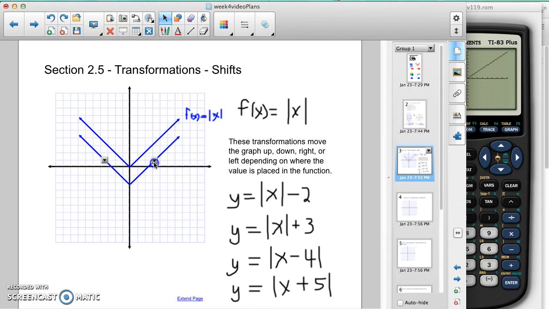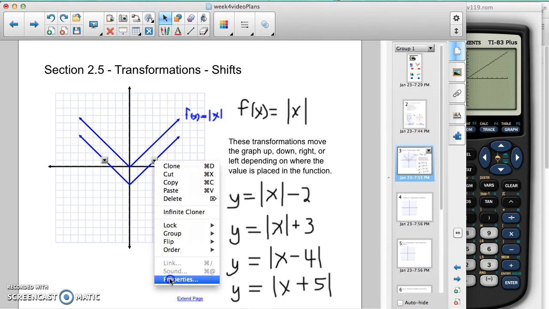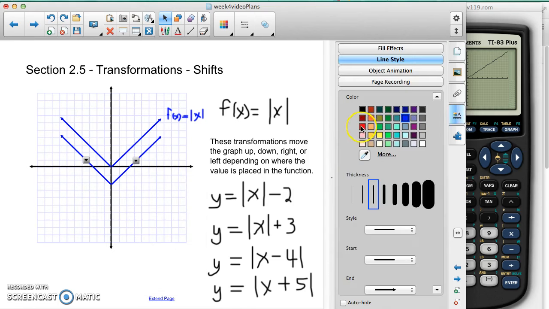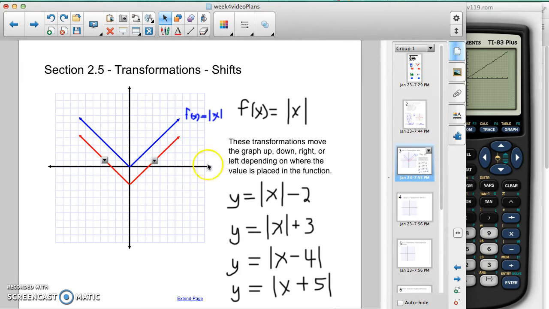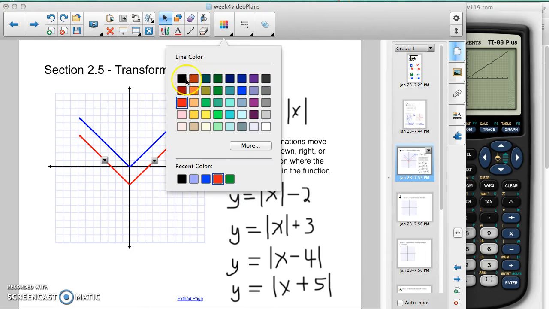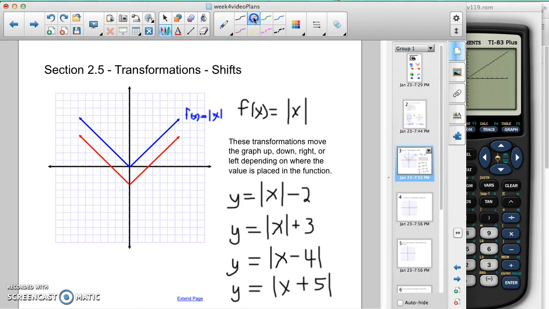So this would be my new graph, down 2 units. It would look like this. So this would be the red graph that we have here. This would be this graph right here. Went down 2 units. Now this +3, that just shifts everything up 3 units.